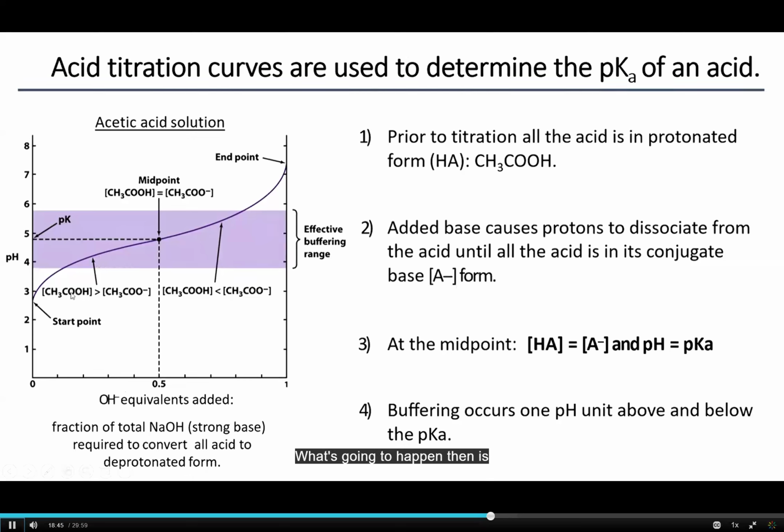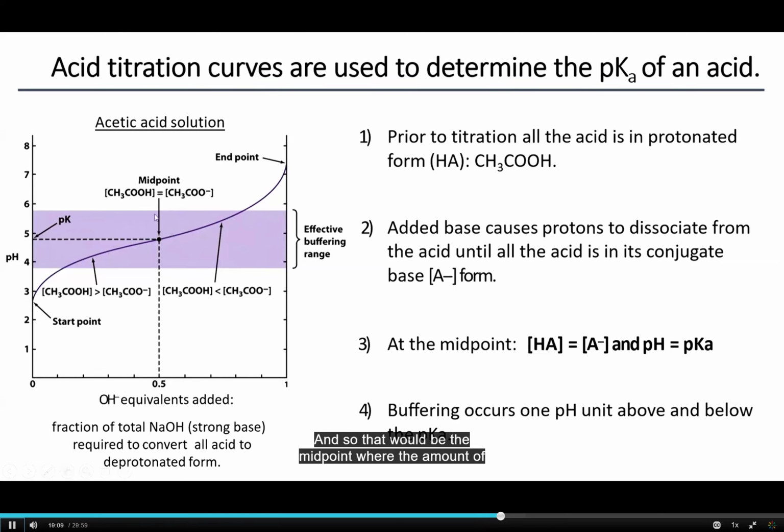So what's going to happen is the added base will cause the protons to dissociate from the acid until it's fully titrated over here at the endpoint. As we move to a higher pH value, we'll start to see this molecule disappear and this molecule increase. Eventually, we get to a point where they are equal to each other.